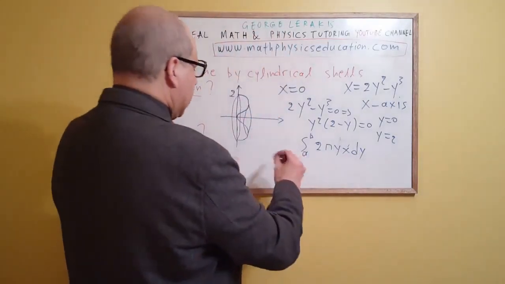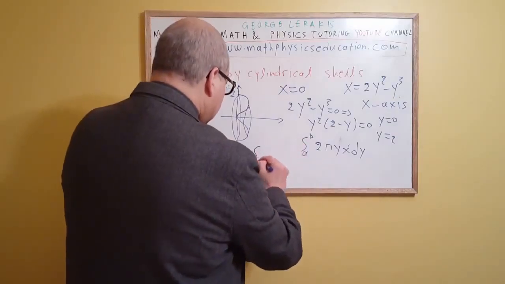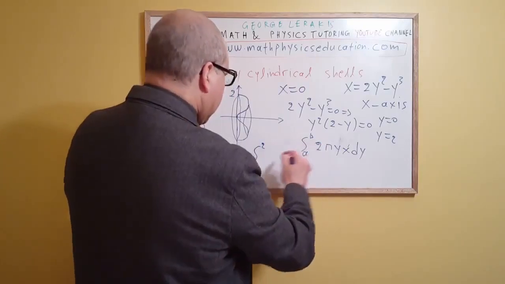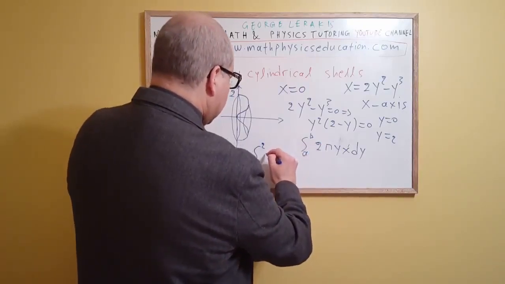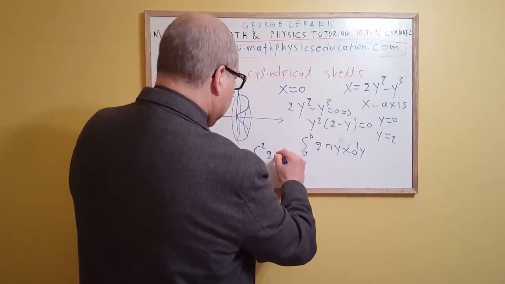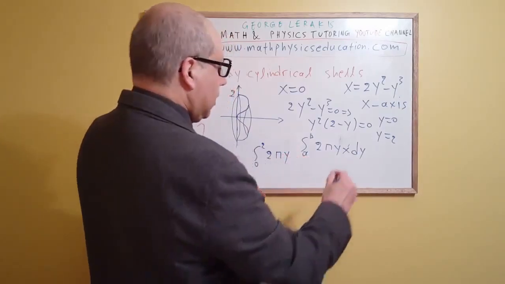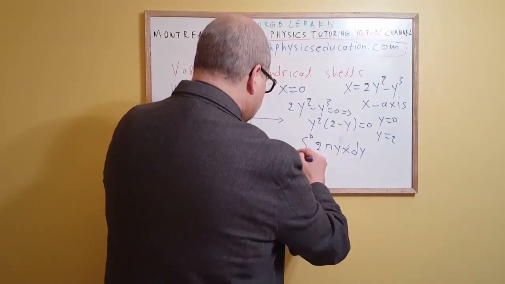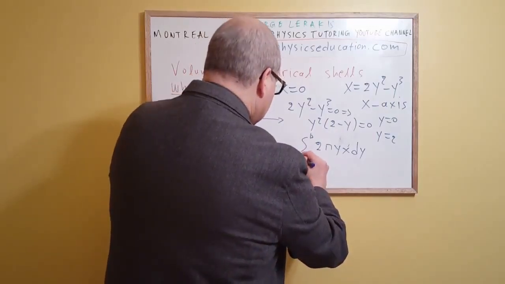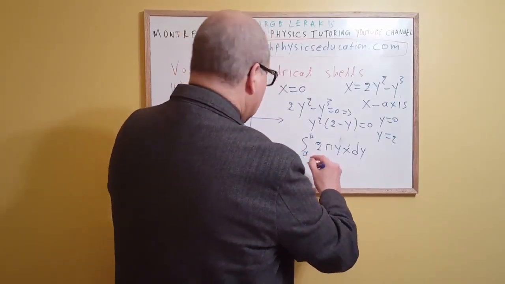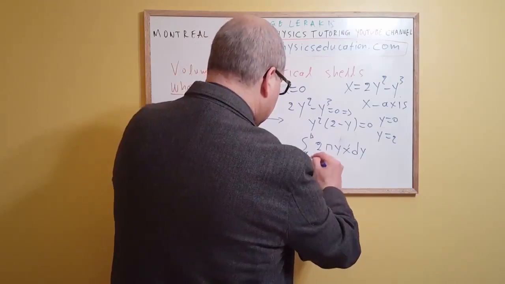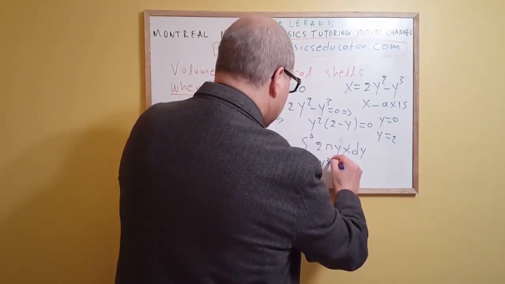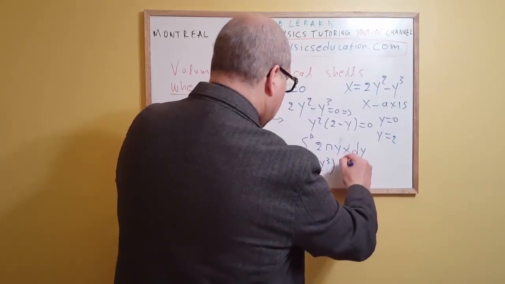The limits here are 0 to 2. And you have to use 2 pi y. The x is this here. So you substitute x equal with 2y squared minus y to the third, dy.